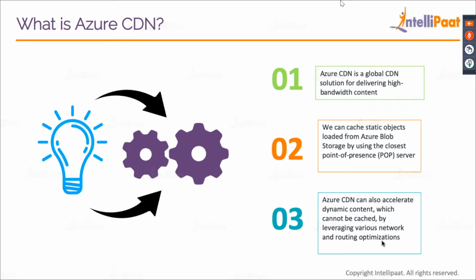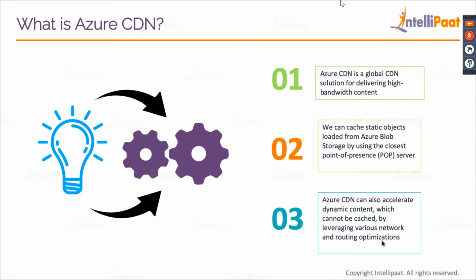But there are some dynamic content on the web which changes according to user input, right? Now, if there are some dynamic content, Azure CDN also helps you to basically deliver it in the most efficient manner. How? By basically routing the files through the Azure network. So right now, whatever happens, let's say if I'm trying to access from the US server, the data is going to come via the internet.